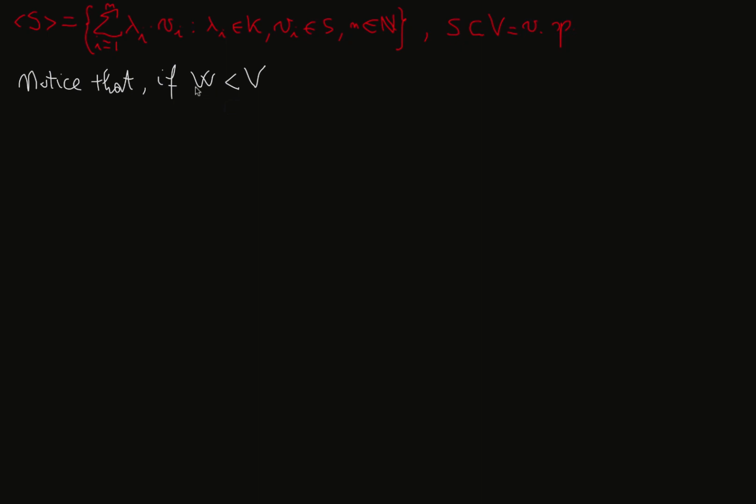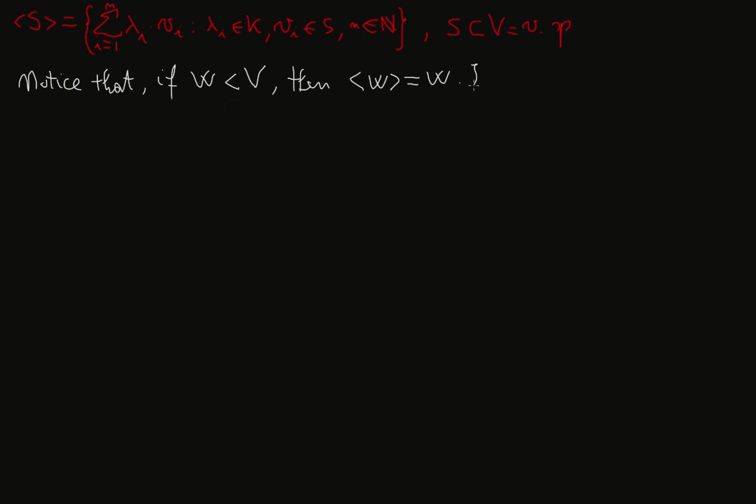Now notice that if W is a subvector space of V, then if we take the set S to be the whole W, then we get precisely W. Okay, so every subspace is a subspace of this kind for a particular choice of set. In this case, we take as a set the whole subspace W, seen as a set.